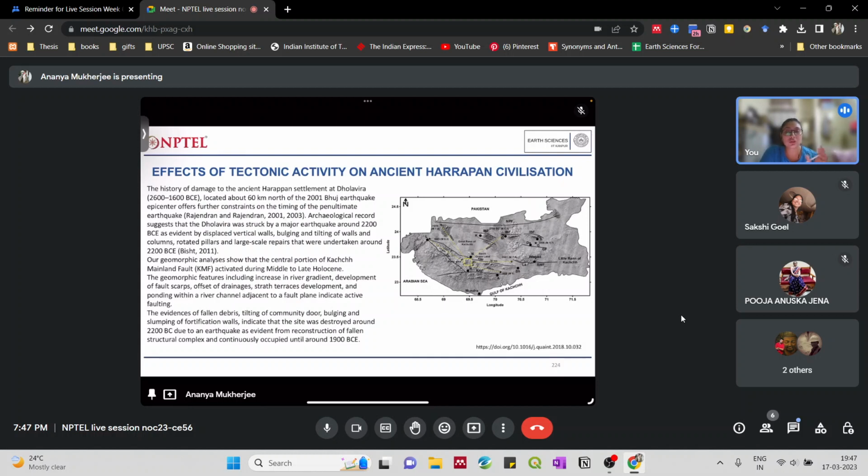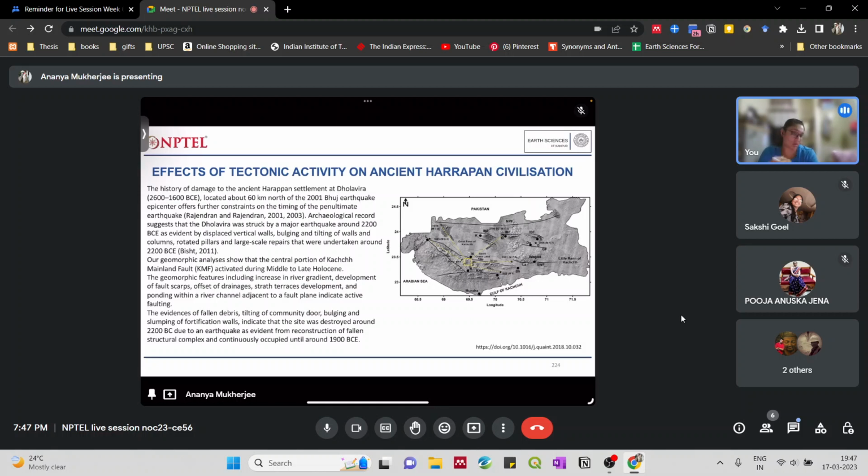The geomorphic features that they studied to understand the effect of earthquakes were river gradient changes, development of fault scarps, offset of drainages, strath terrace development and ponding within a river channel adjacent to a fault plane.